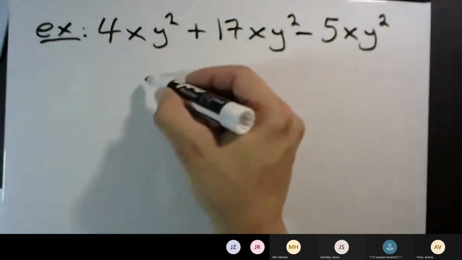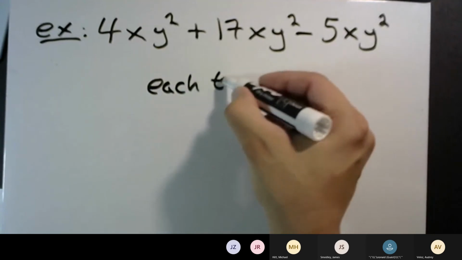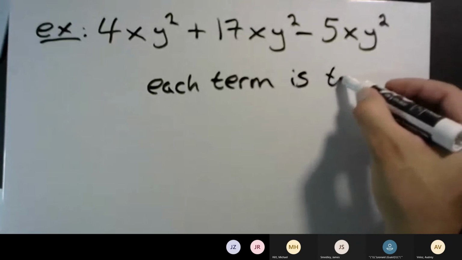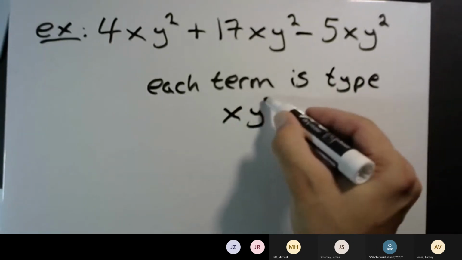Now, each of these terms is type xy squared.